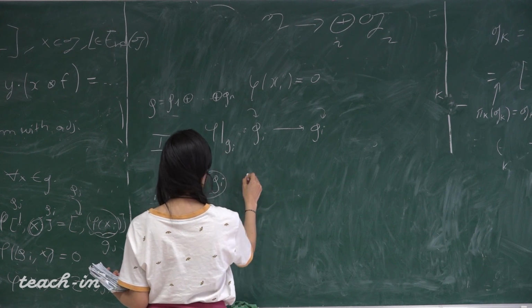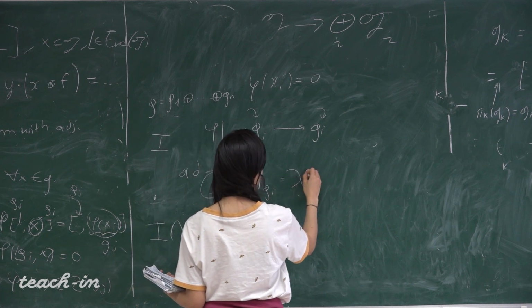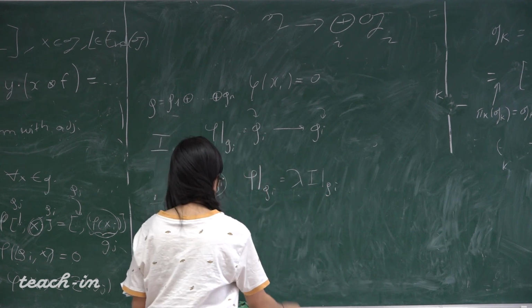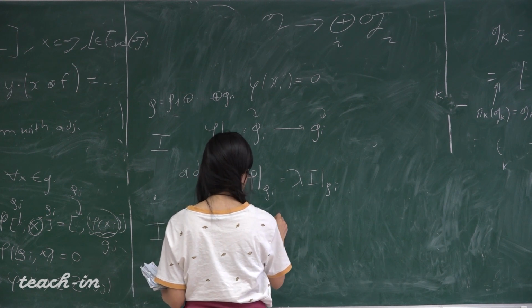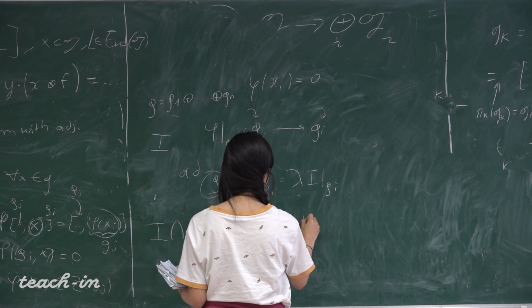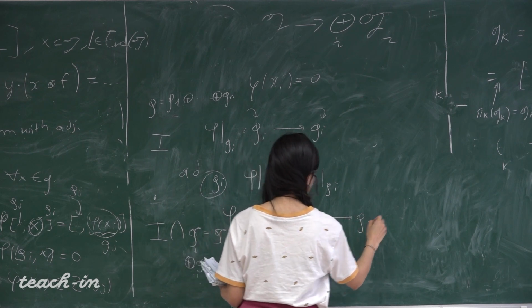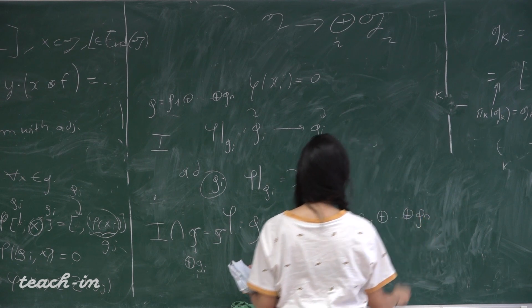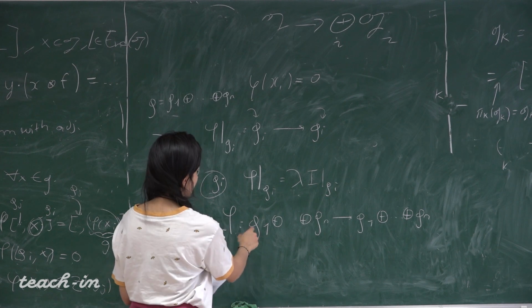Okay, so restricted to G_i it's lambda times identity. So we actually solved it, right?